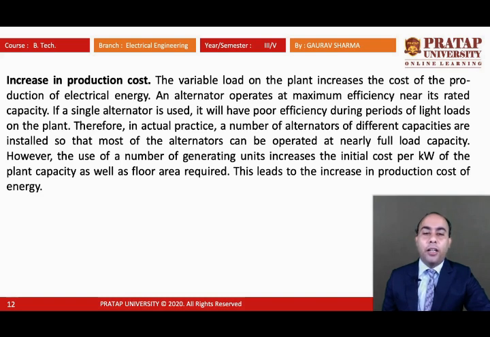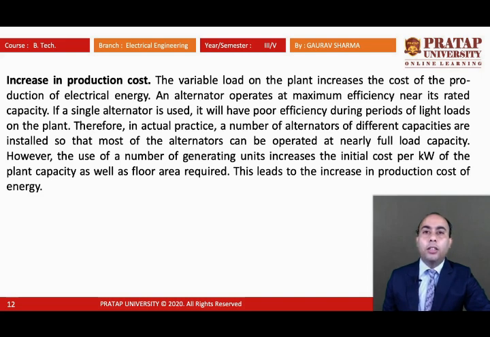An alternator operates at maximum efficiency near its rated capacity. If a single alternator is used, it has poor efficiency during light load periods. Therefore, in actual practice, a number of alternators of different capacities are installed so that most of the alternators can be operated at nearly full load capacity.